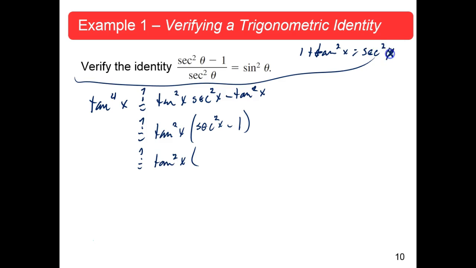Isn't that equal to secant squared x? Okay. Is that your Pythagorean identity? 1 plus tangent squared x is equal to secant squared x. Got it? Okay. Now, here we have a secant squared x minus 1. So what would we do to that to make it look like that?